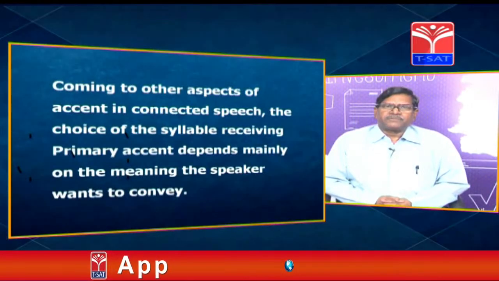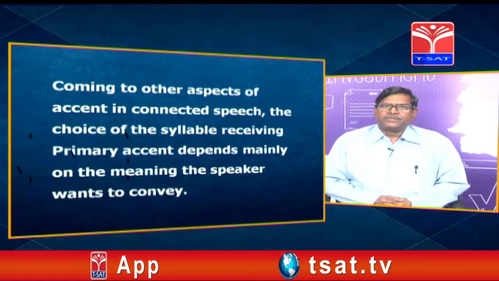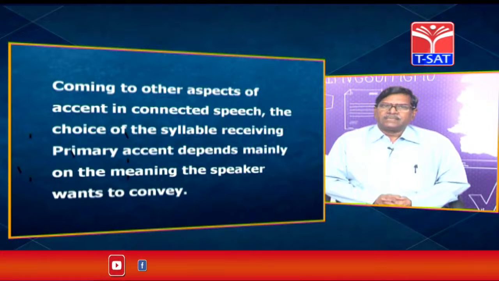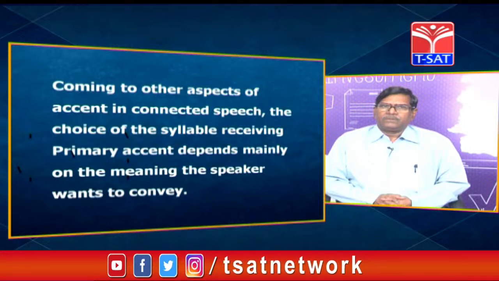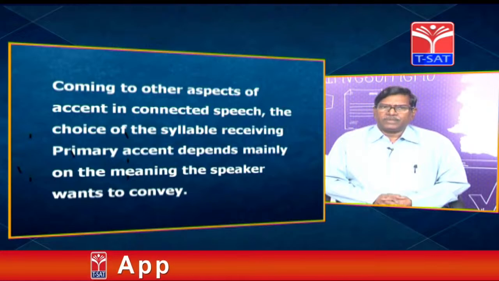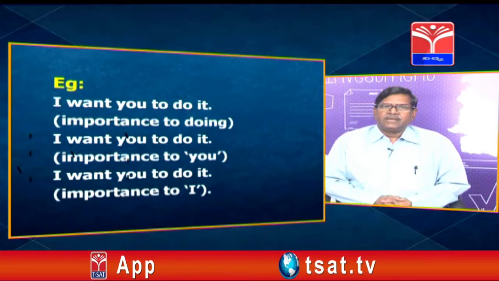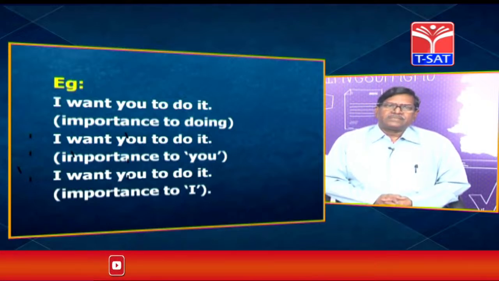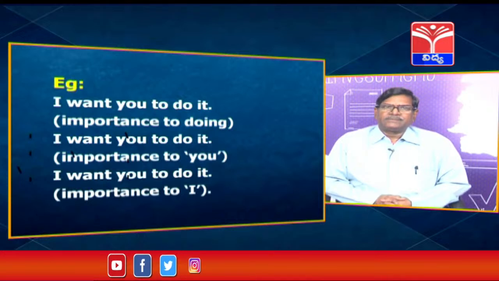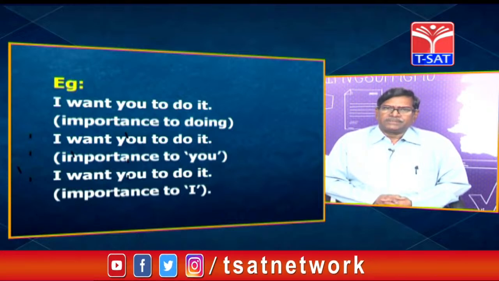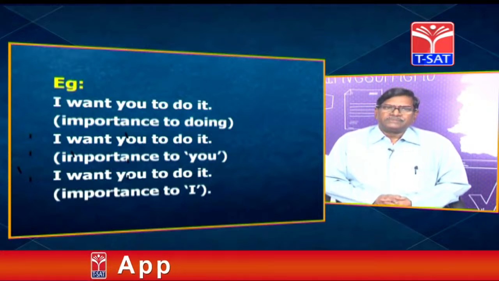Coming to other aspects of accent in connected speech, the choice of the syllable receiving primary accent depends on the meaning the speaker wants to convey. I want you to do it: importance is given to the doing of the thing. I want you to do it: importance is given to you.